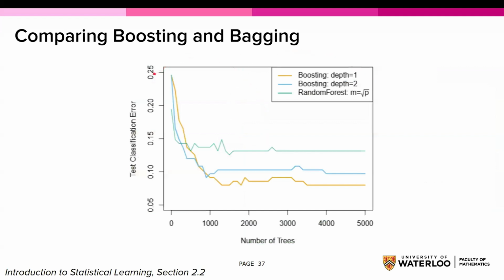So how do they compare in practice? This figure here is taken from the Introduction to Statistical Learning text. What they did was compare boosting and bagging on decision trees. On the x-axis here is the number of trees in the ensemble, and the y-axis is the test classification error.